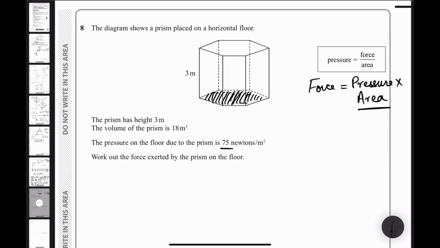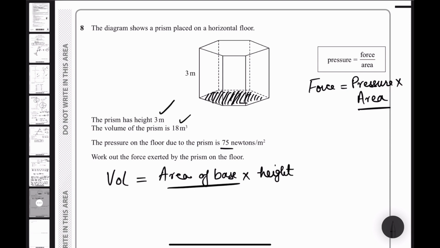Now, in order to find out the volume of the prism, we use a formula that goes like that. Volume is equal to area of base multiplied by the height. So we have been given the height, we have been given the volume, and we have to work out the area.